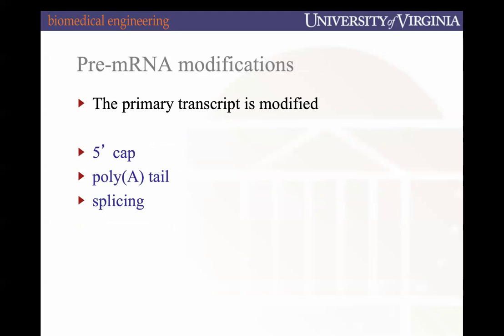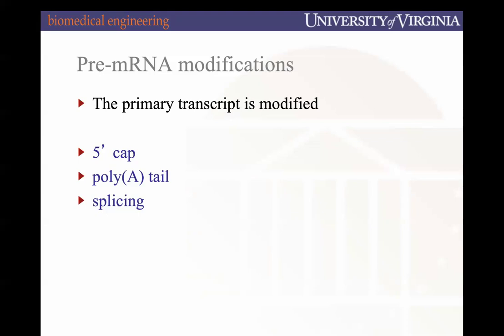So at this point, we have a fully synthesized mRNA strand. What's important to note is that it's a slightly immature mRNA strand, and the name we have for it is pre-mRNA. There are important modifications that are needed to ensure that the mRNA strand is not degraded.